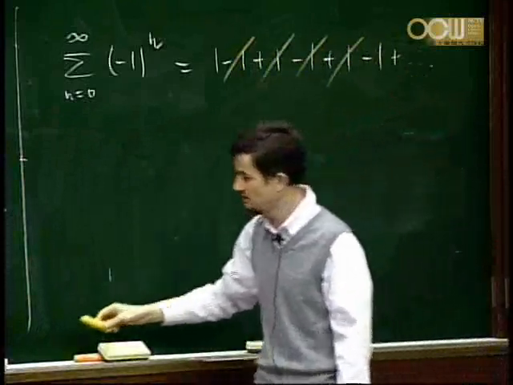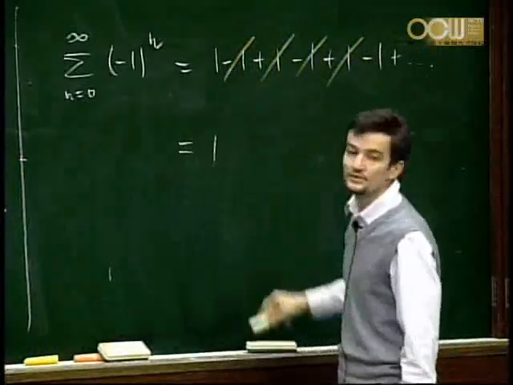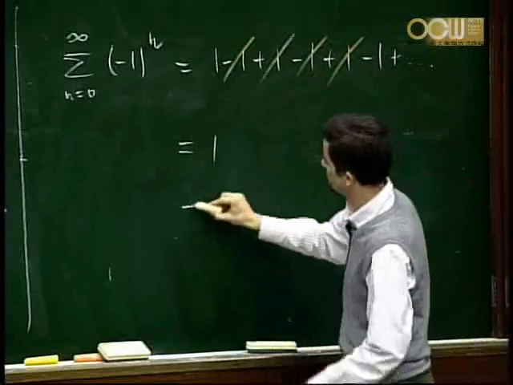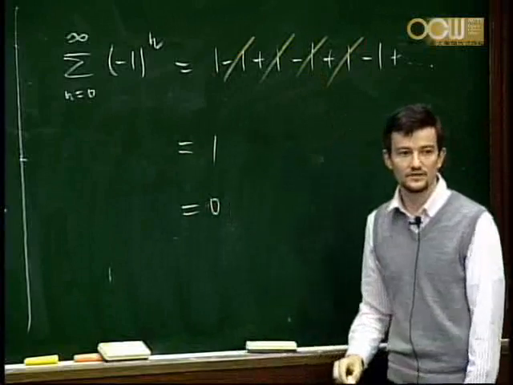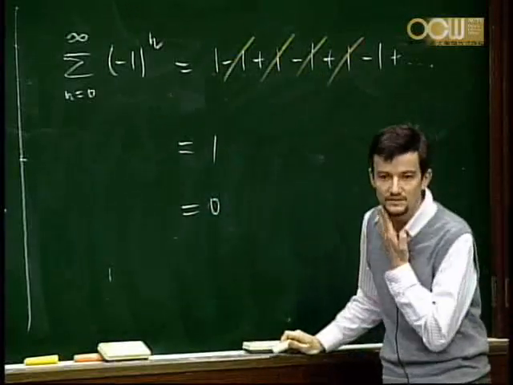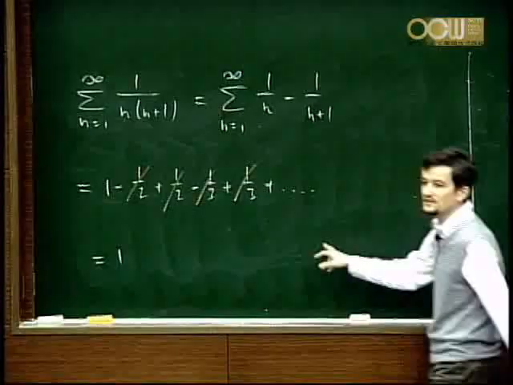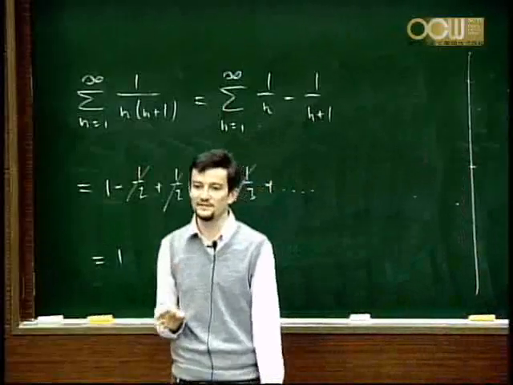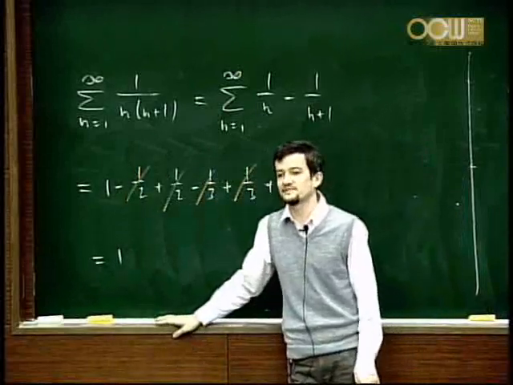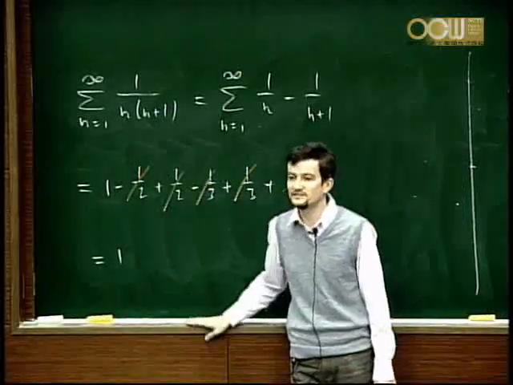So the value is 1. It's not true, because I could also cancel this one and this one and this one and this one, and the value would be equal to 0. But 0 is not equal to 1. So there's kind of a problem here. This kind of reasoning was from the 18th century, when the convergence of series was not very precise. This was done in the 18th century.